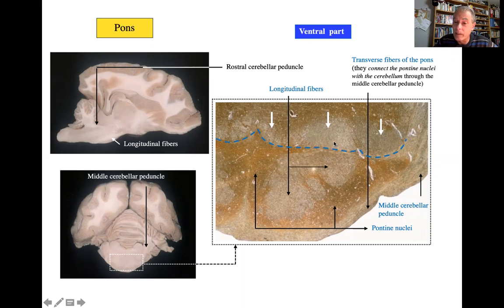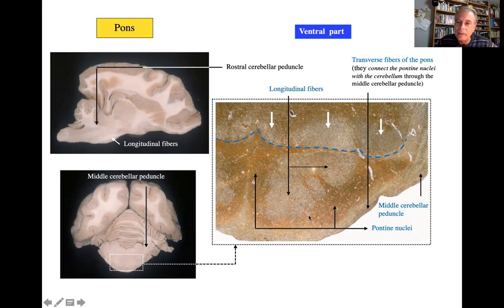The spinothalamic tract, the medial lemniscus, the lateral lemniscus here, right? And ventral to it, we have the ventral portion that is formed by longitudinal fibers. Look at these fibers. These are longitudinal fibers. They are corticospinal fibers, corticopontine fibers, right? These are the longitudinal fibers.